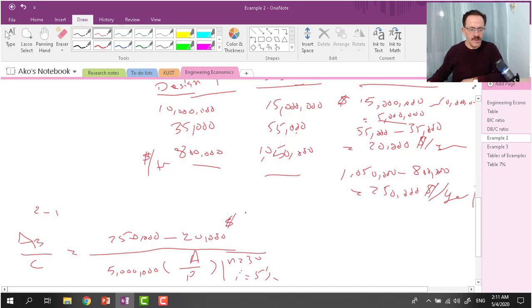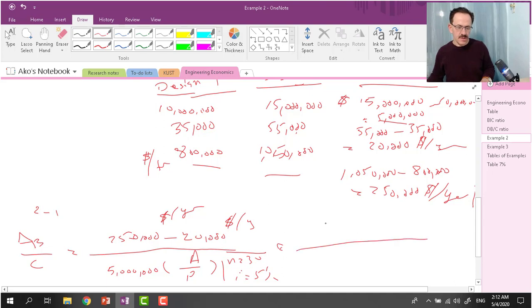This is dollar per year, this is dollar per year, and the result will be 250,000 minus 220,000, it means 230,000 divided by this becomes 0.065.